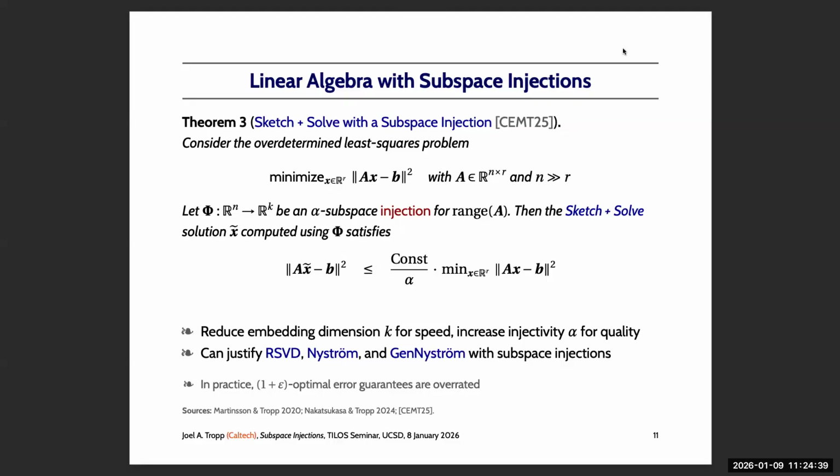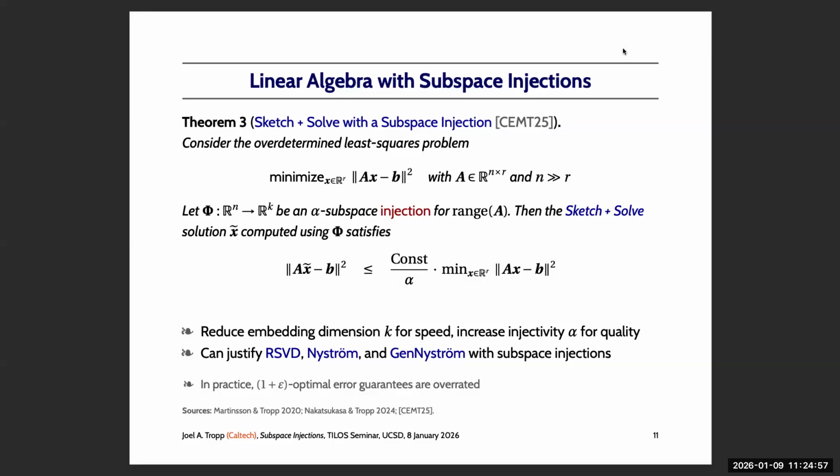Okay, so here's an example of a theorem you can prove about subspace injection. Consider an overdetermined least squares problem. Let phi be a subspace injection for the range of the matrix A. So we're preserving the range of this matrix, which is an r-dimensional subspace.